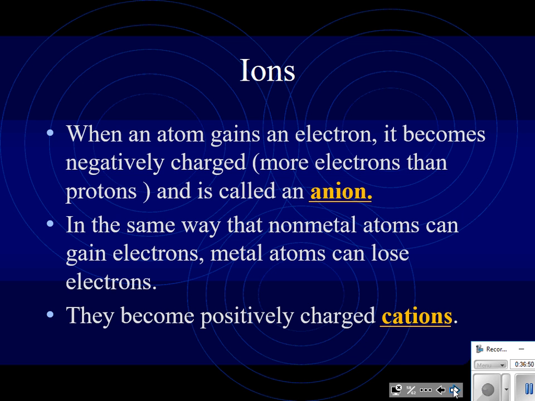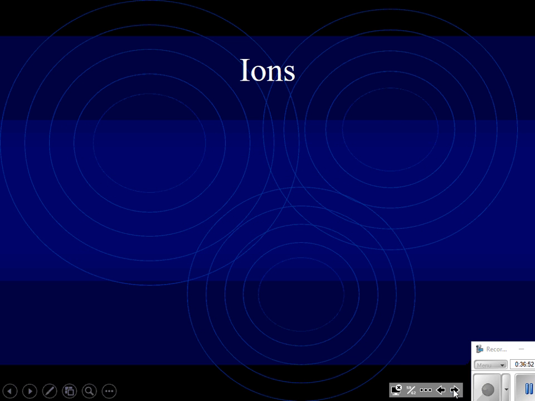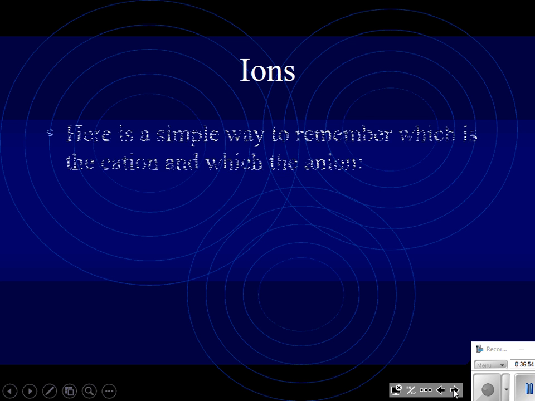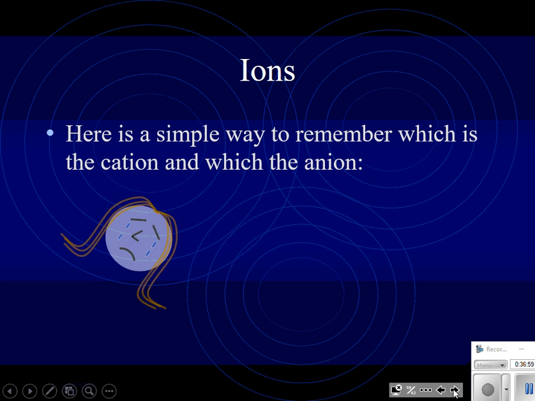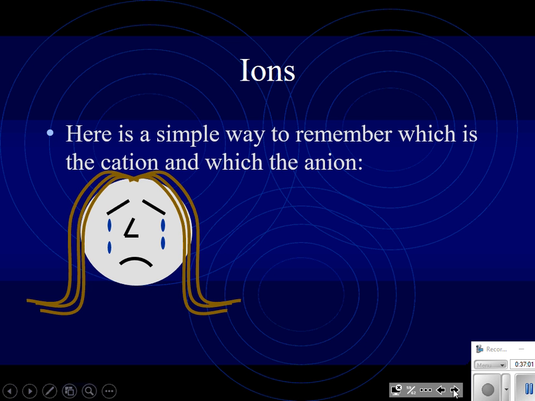Now, a little way to remember these ions, okay? Look at her. She's crying. She's sad. She's very negative, okay? This is a little anion. Little anion is negative. So anions are negative.